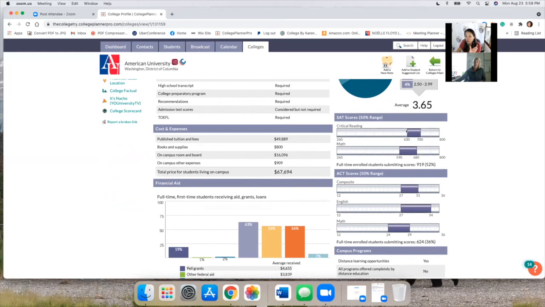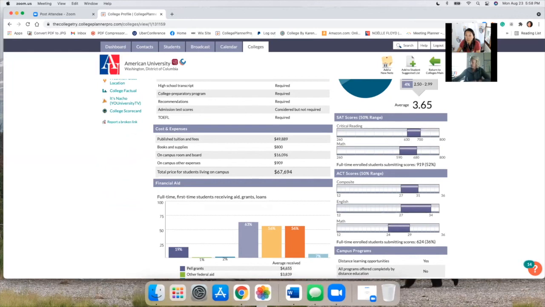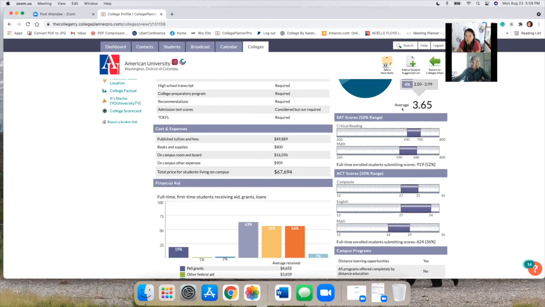On average, the middle 50% scored a 630 in critical reading, and we're going to add that to a 590. So the minimum is a 1220, right? And then you said you have an 1160. I wouldn't submit it to American because you're below the middle 50%. I would only send a score if you're in the middle or higher.